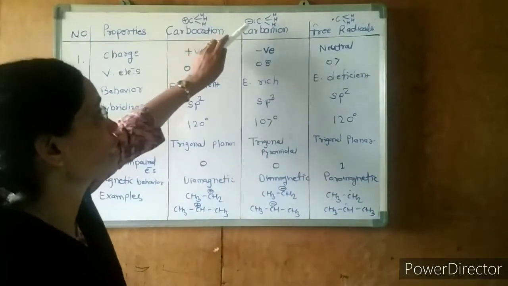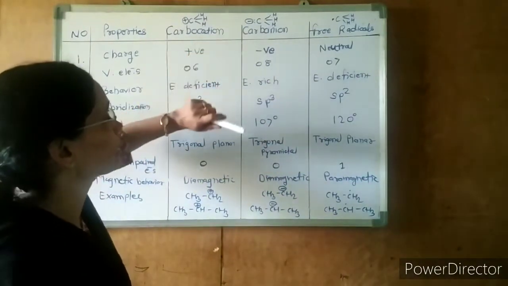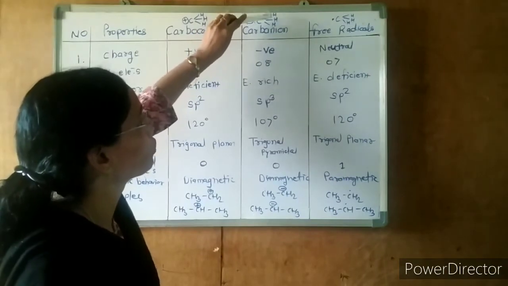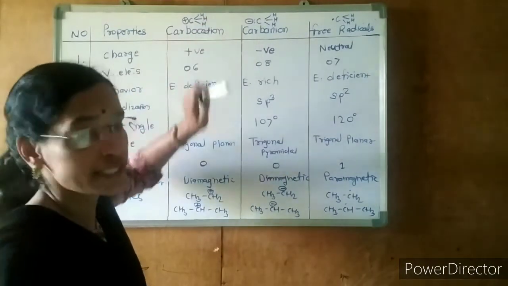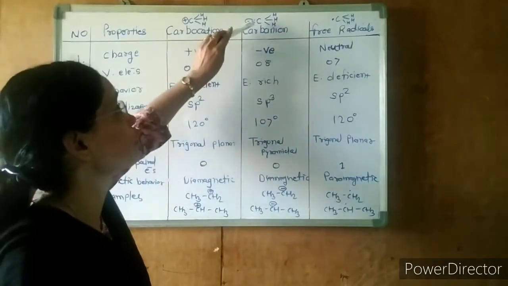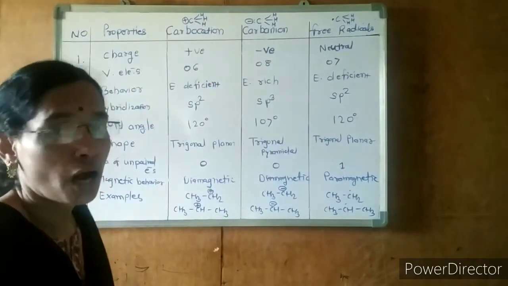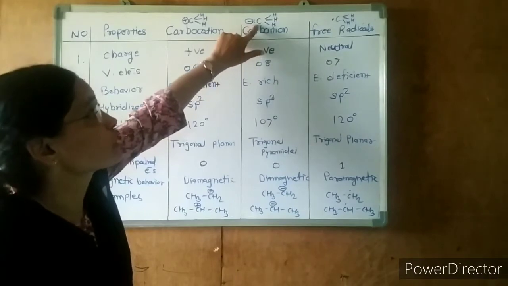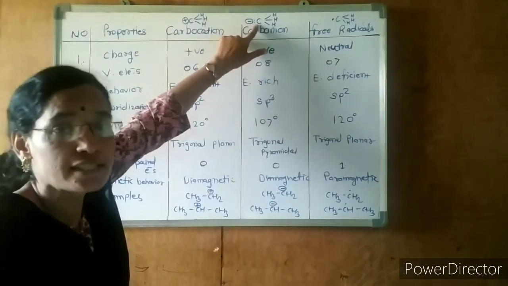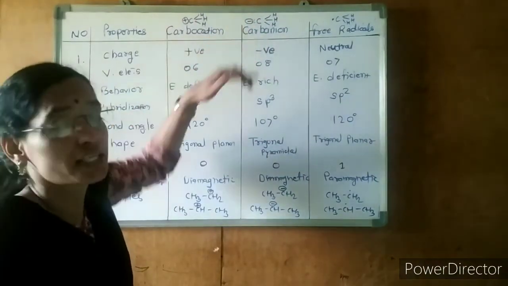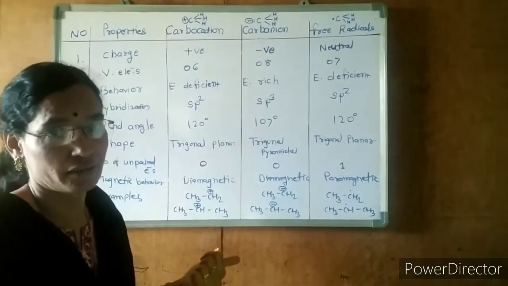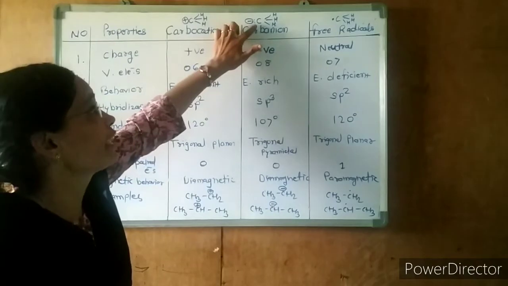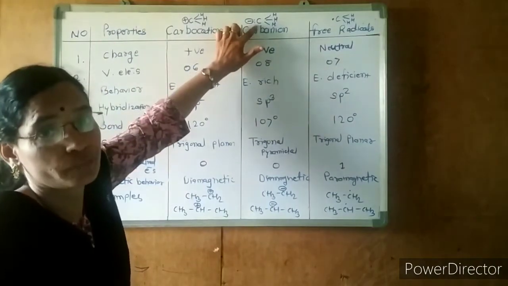Here in case of carbanion, count the total number of electrons. 2 plus 2 plus 2, 6 electrons, and plus 1 lone pair is there. How does it get a lone pair? This 1 electron is of the carbon atom itself and another electron is of another carbon atom, right? So it will get a negative charge. Okay, it has 1 extra electron.